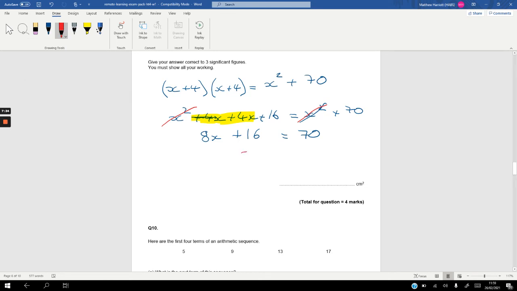I can then subtract 16 from both sides, and I get 8x equals 70 minus 16, which is 54.